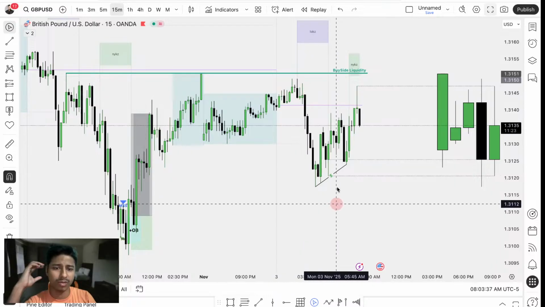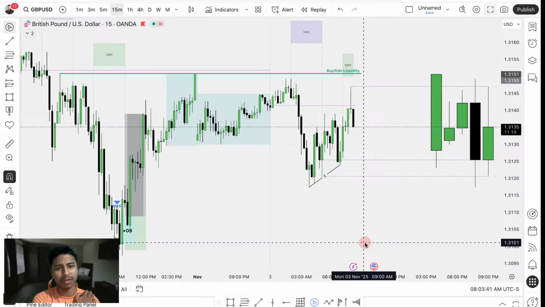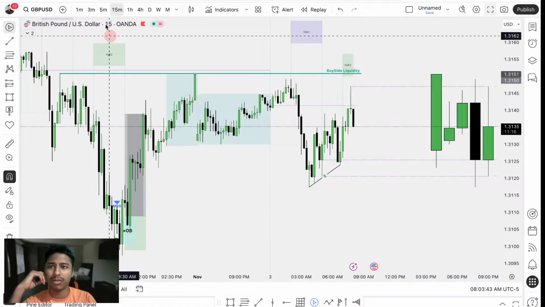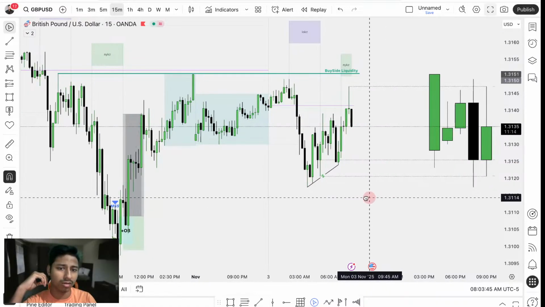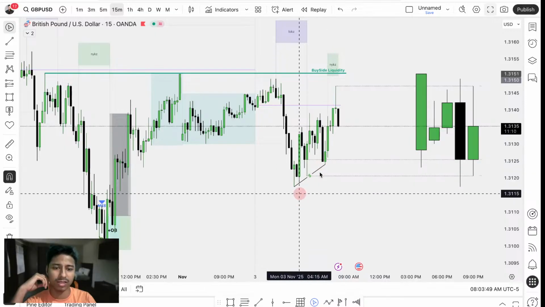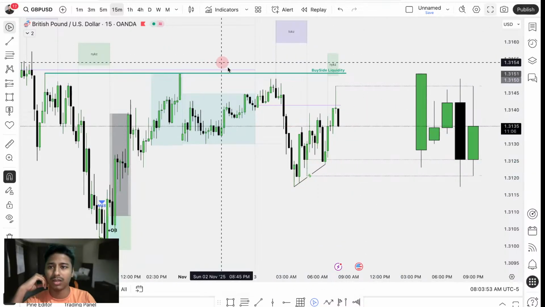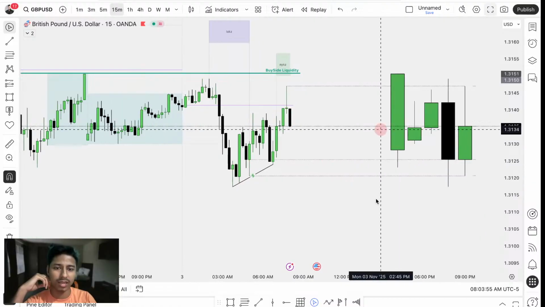It already moved 30 pips. Mondays are typically 40 to 50 pips range, right? But we do have news, but not now. So I'm expecting it to take out this trend line liquidity, right?